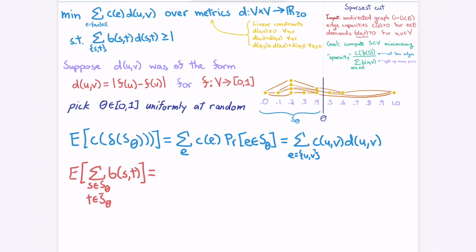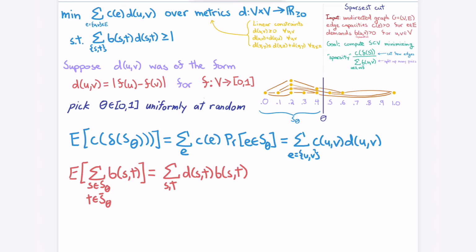I know the probability of an edge being cut is the space on the line, that is, the distance between the two endpoints. And then I want to figure out the denominator, which is also linearity of expectation, just like before. So nothing special. The only difference from before is that we have a numerator and a denominator, not just a numerator, but the analysis is the same on both sides.